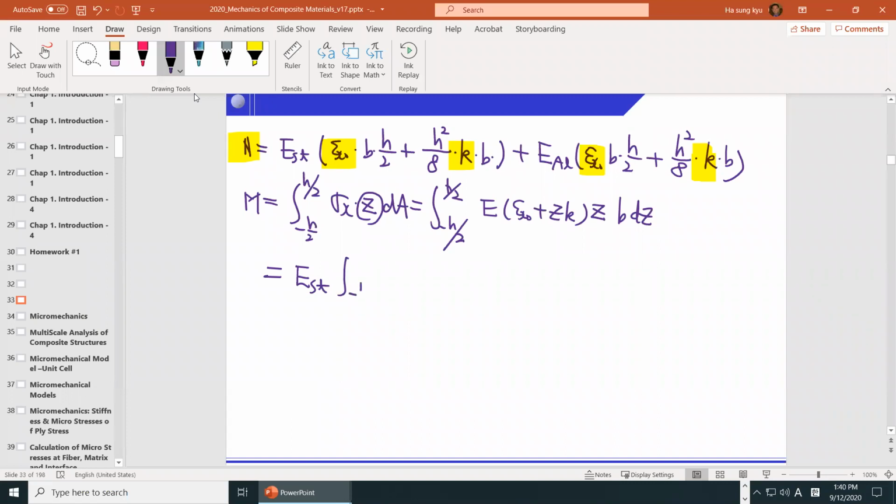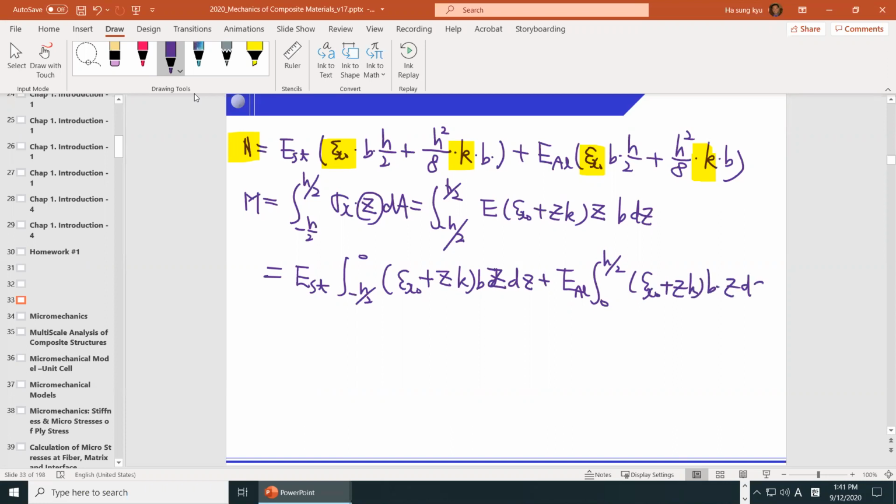So from minus half to 0, epsilon x0 plus zk and b, and z here, dz, plus E aluminum, 0 to half H, epsilon x0 plus zk, and b times z times dz.